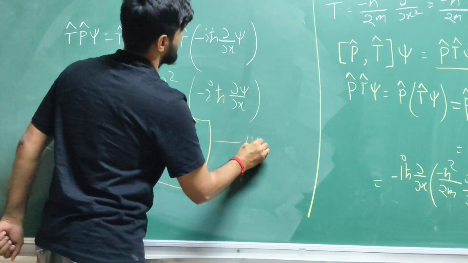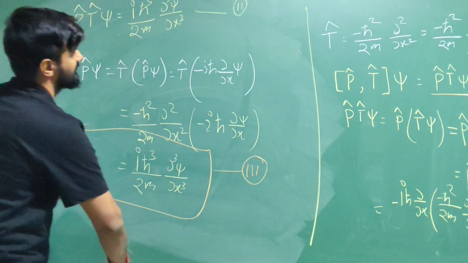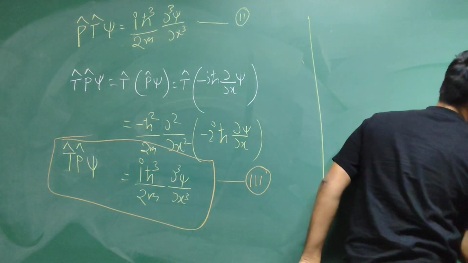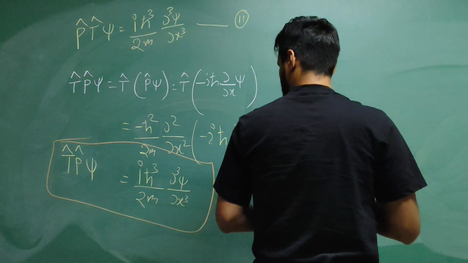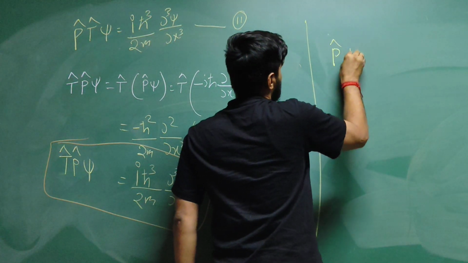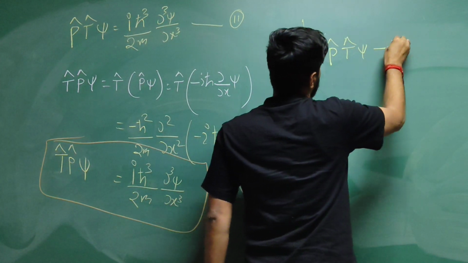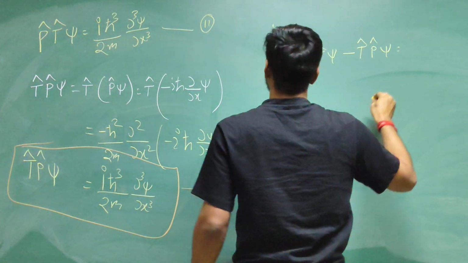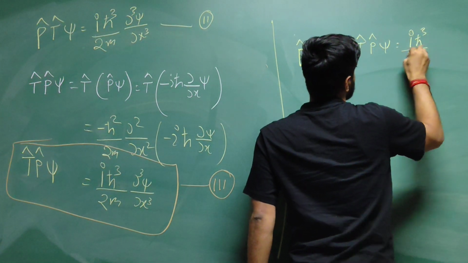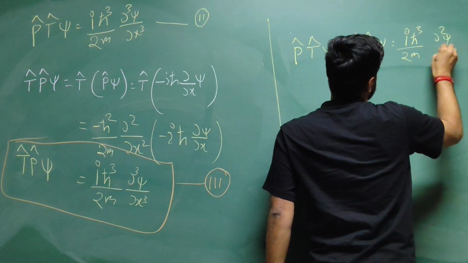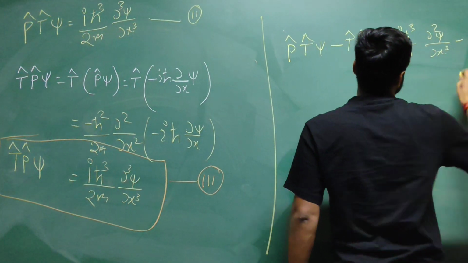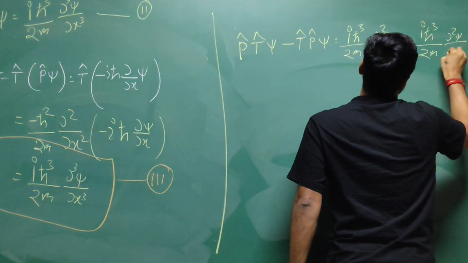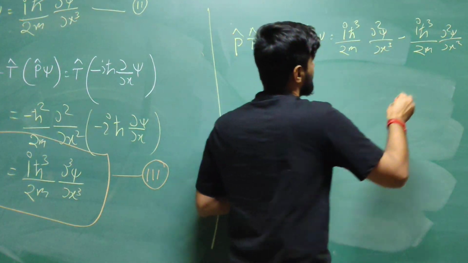So if I am assuming this one is my equation 3, so from equation second and equation third, what you can see, if I write these things here, you will be getting the value of P cap T cap psi minus T cap P cap psi, that will be equal to what? i h cube divided by 2m del 3 psi by del x cube minus i h cube divided by 2m del 3 psi by del x cube.